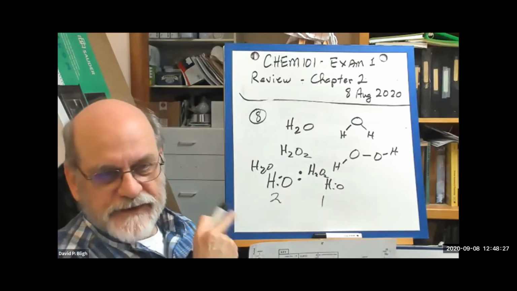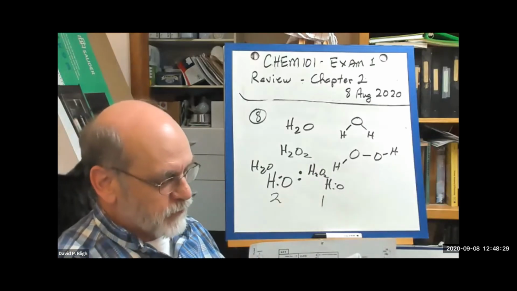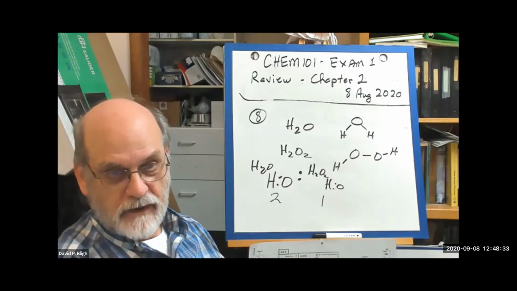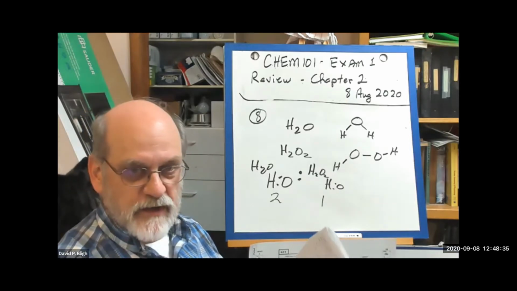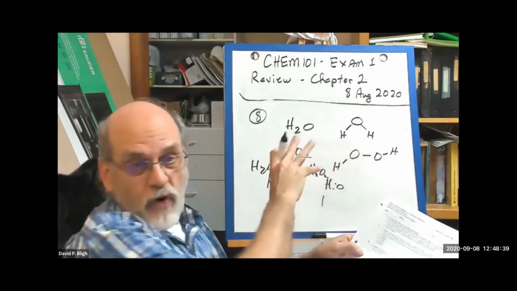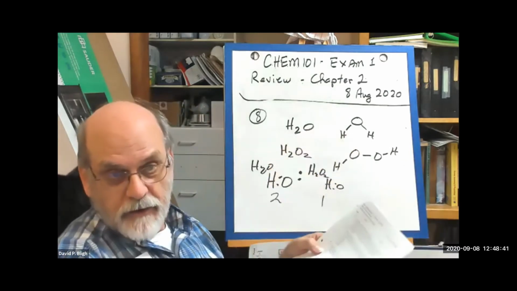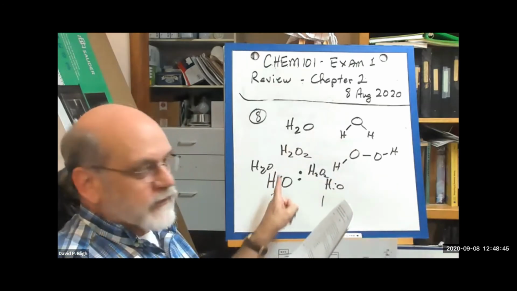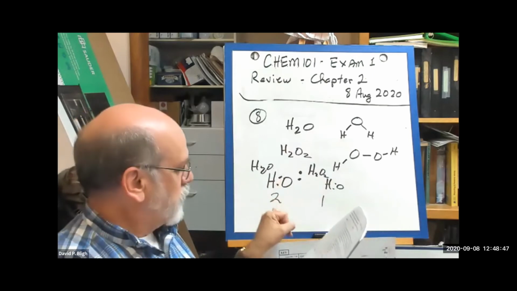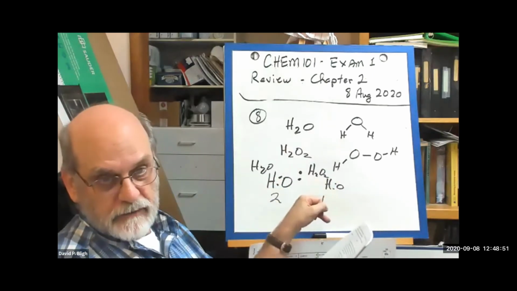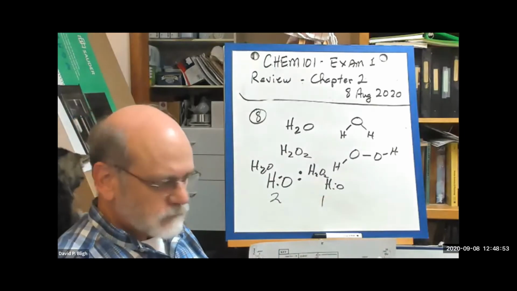And the reason I emphasize that is because one of the choices here is 1 to 2. And you have to read the problem and see which order it goes in. You know the ratio is 2 to 1 or 1 to 2, one or the other. But in order to get the right answer, you have to look at which one comes first, right? And this ratio is 2 times, and this is 1 time. Okay?